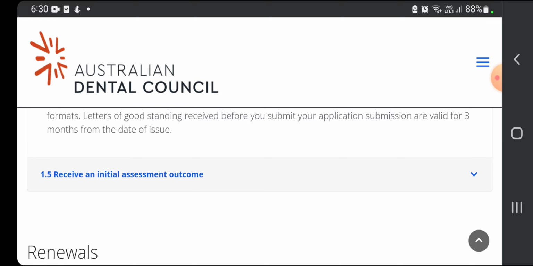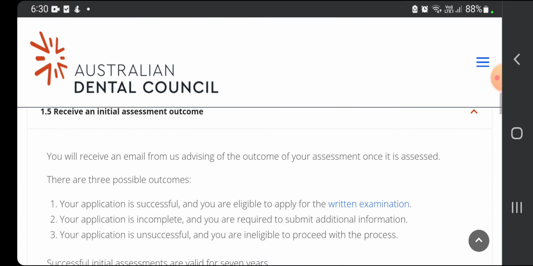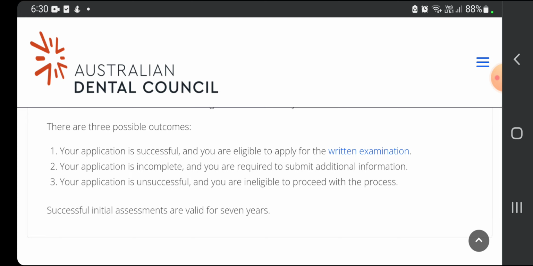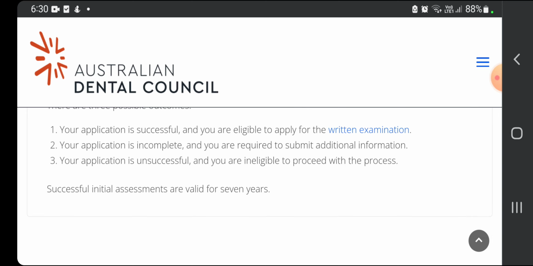The last part is to receive an initial assessment outcome. Once you apply, after the time which I already mentioned, if the application is successful, you can appear for the written examination. You can do the application and pay the amount for the written examination.